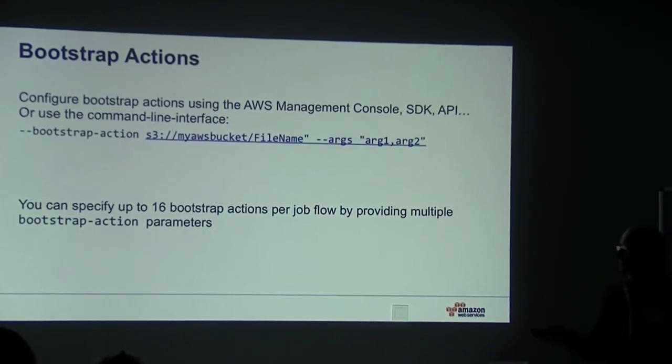You can run up to 16 of these per cluster launch. They will be run in the order that you specify them in. Obviously, if you want more than 16, you can write one script which just calls the next 16 or something. There's no real limit, but on a command line, this is what you're limited to.